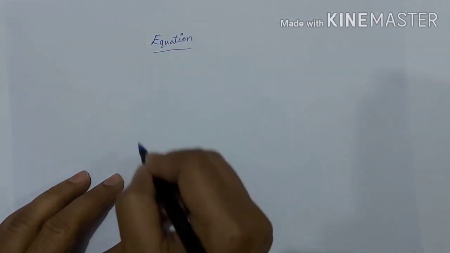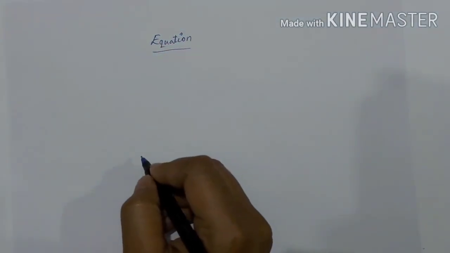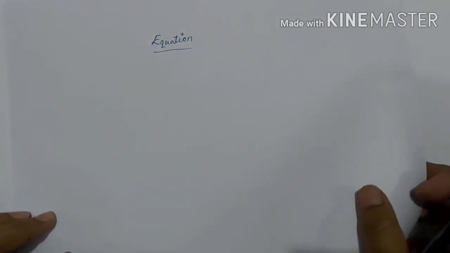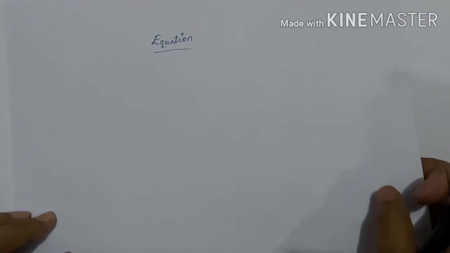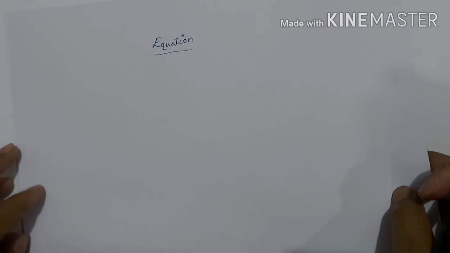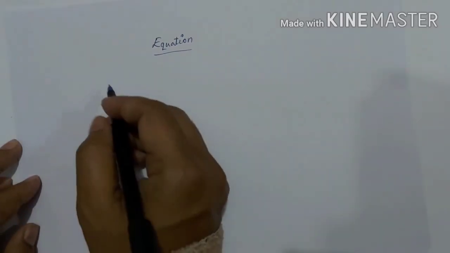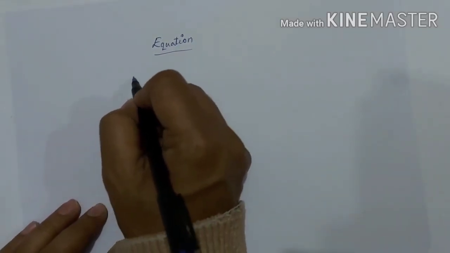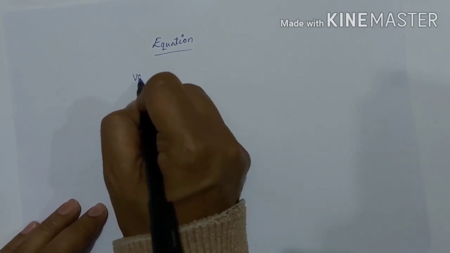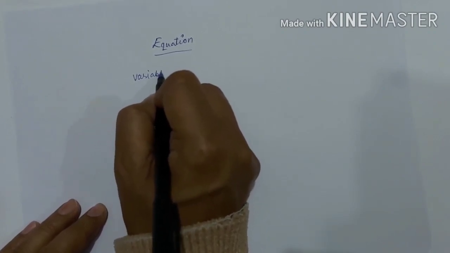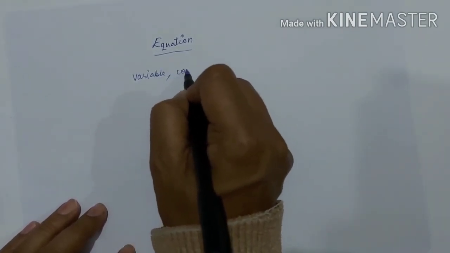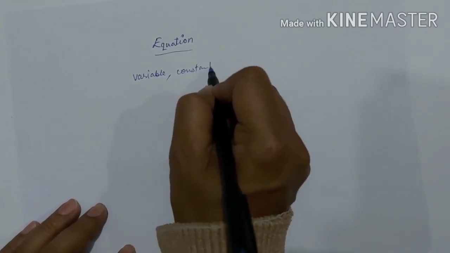Okay, equation. An equation is a condition on a variable that is satisfied only by a defined value. Suppose a variable and a constant value.